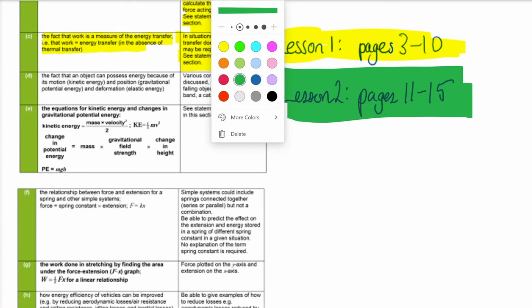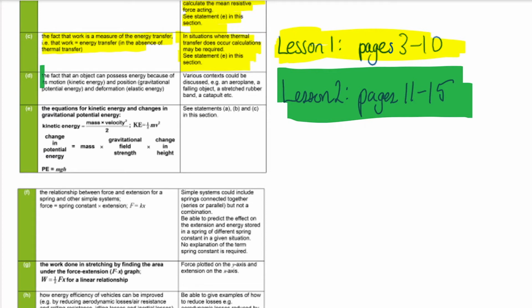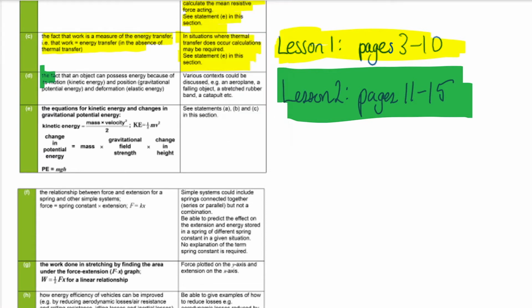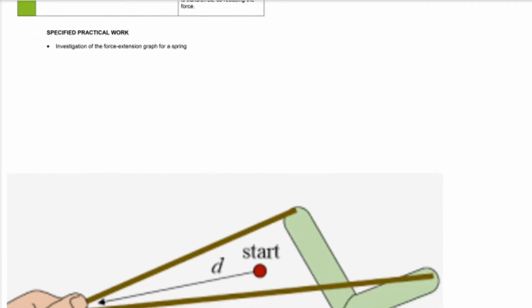And this reads, the fact that an object can possess energy because of its motion, called kinetic energy, its position, called gravitational potential energy, and deformation, elastic energy. Deformation means when something changes its shape.